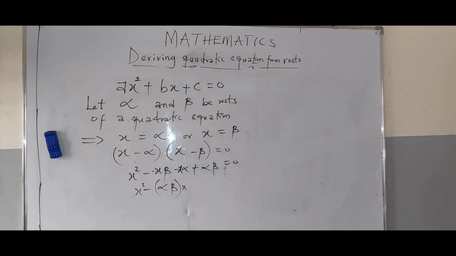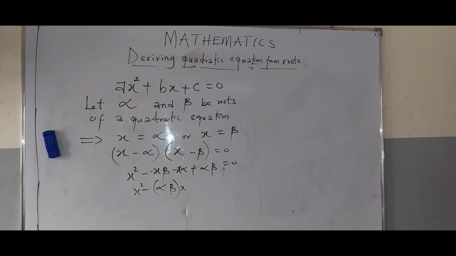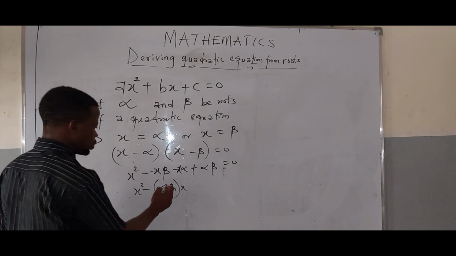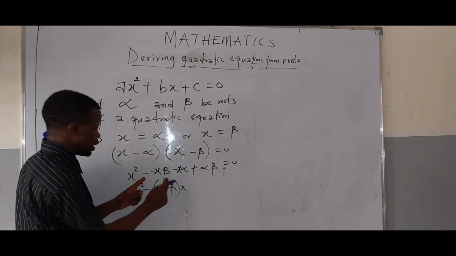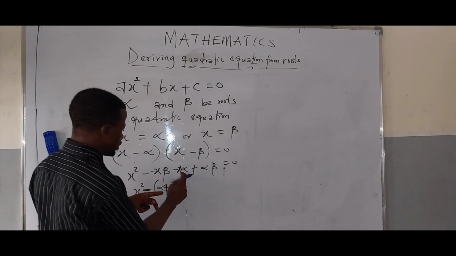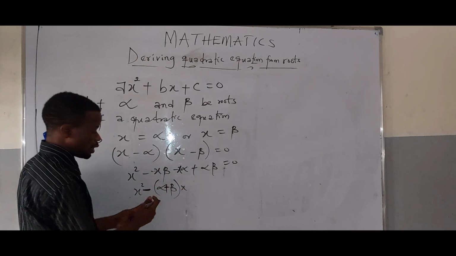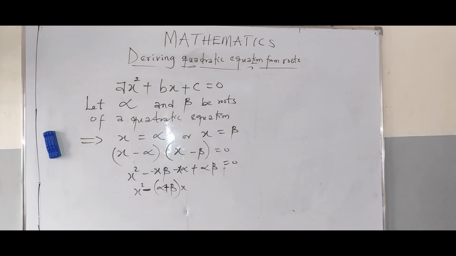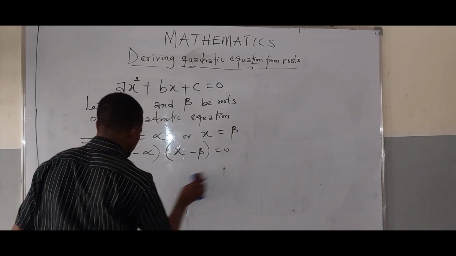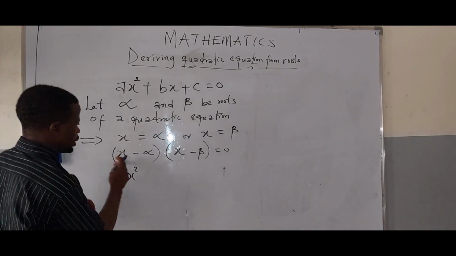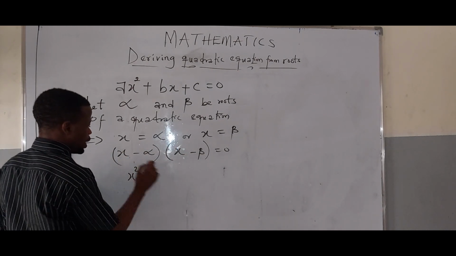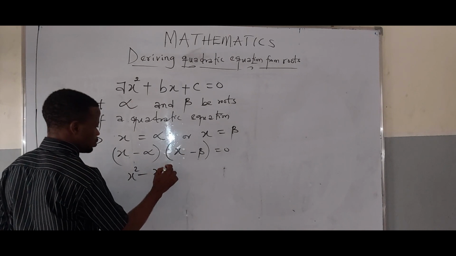Yes, from this place, something we can do is this. I factor the negative sign out. So if I put my x here, I just factorize. Let me show you again, please. So x times x is x squared, x times minus beta is minus x beta.